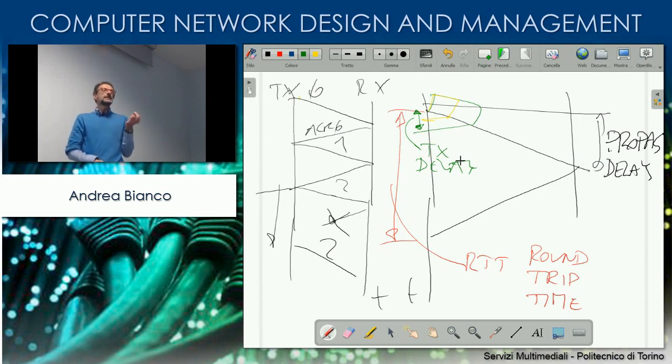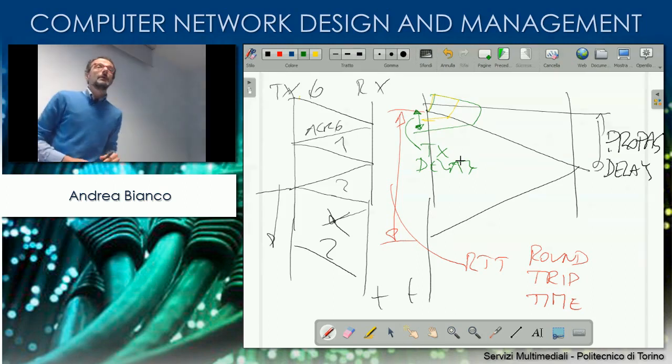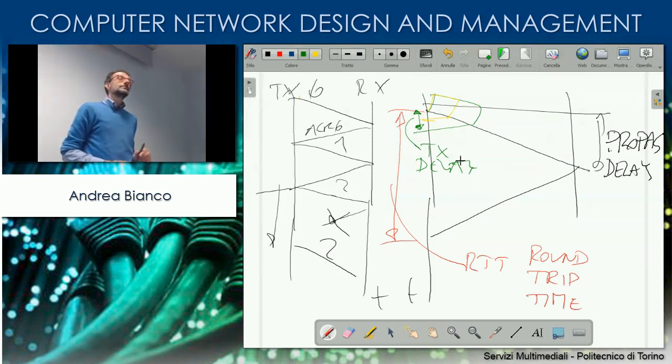Is it changing something in terms of how many bits I'm sending per unit of time from this transmitter to this receiver? Which is the answer? Again, the question. Suppose that we are comparing the green case with the yellow one. In the yellow case, we double the link speed.